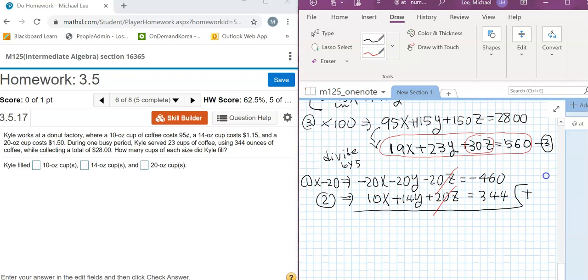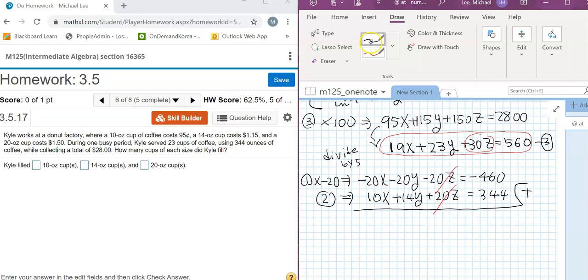Z, I get negative 10x minus 6y equals negative 116. Is that right? Okay. So now, I don't like all negative. Or you can just leave it there if you want to. I don't care. Just leave it there then.